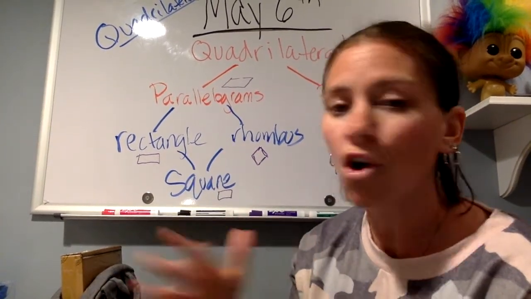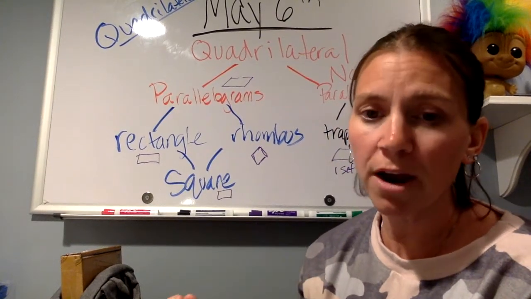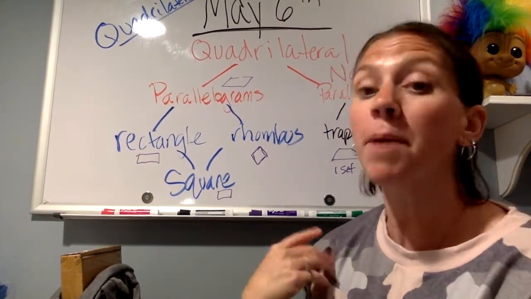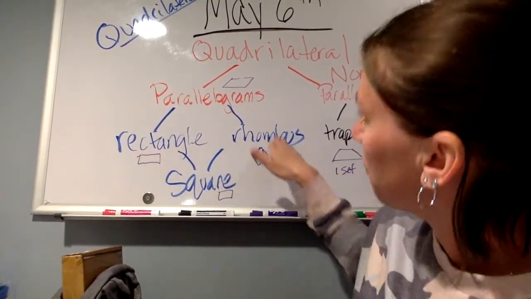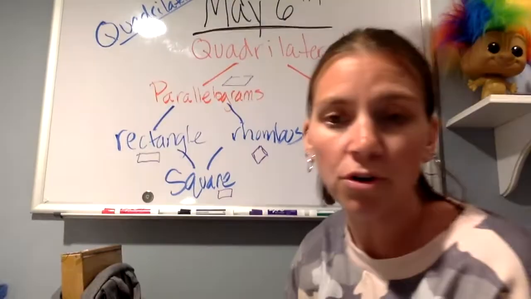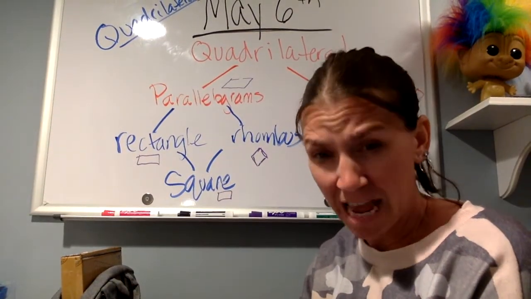So those are all different names that I could say for him. So when I see that square, I don't say, oh, it's a parallelogram. I say, it's a square. It's also a rectangle, a rhombus, a parallelogram, and a quadrilateral. Okay? So I know that's super confusing, and I'm sorry.